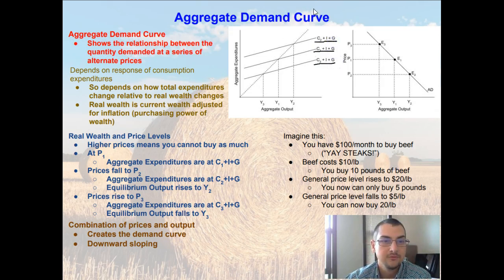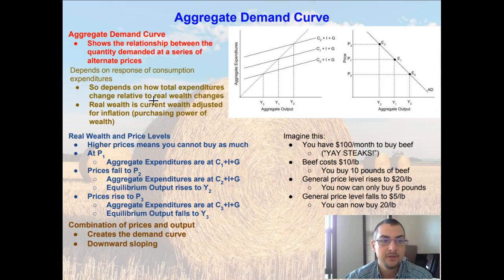Now we did talk about there being three of these aggregate expenditure curves. Where do they come from? Well, the aggregate expenditure curve depends upon the consumption expenditures. These consumption expenditures, how much a household is going to consume and how much they're going to spend on different products, actually relate to how much real wealth they have.